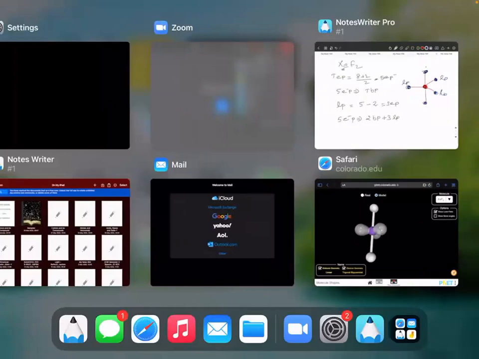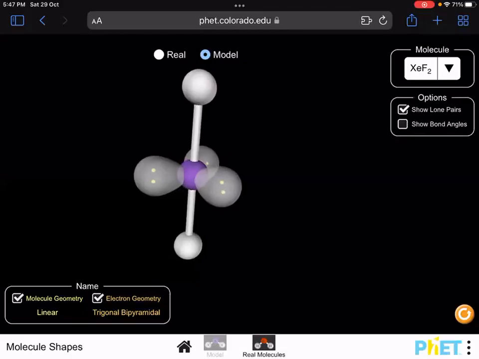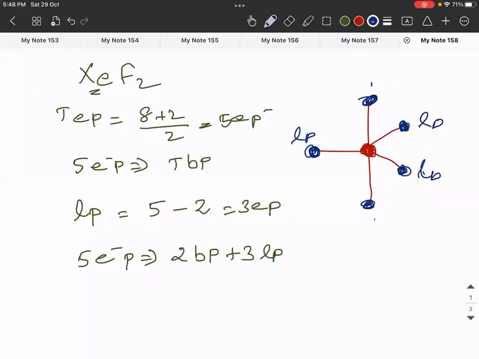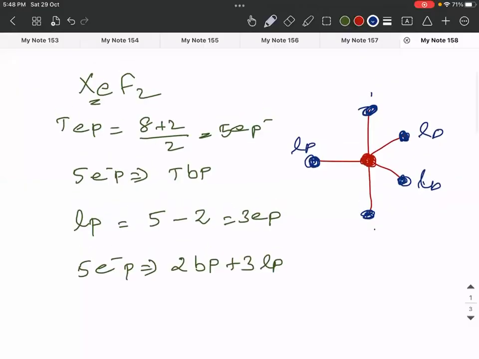Okay. So, are you able to understand? XeF2, xenon difluoride. Now I will tell you how to simply calculate this without using the formula. What is the valence electron count of the central atom? You put 8: 1, 2, 3, 4, 5, 6, 7, and 8.